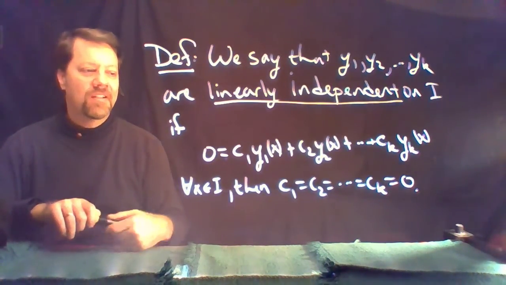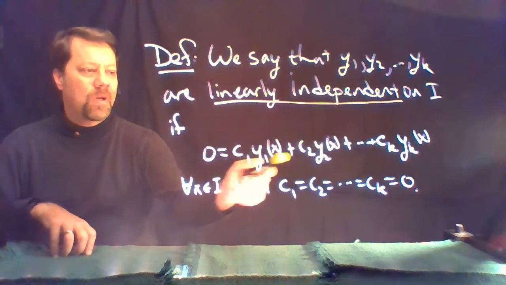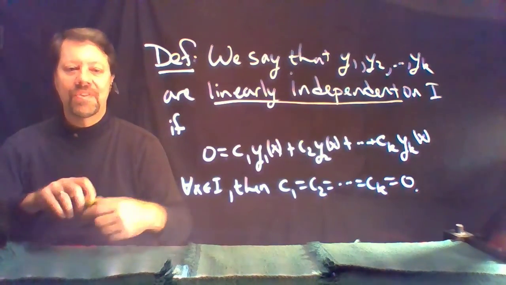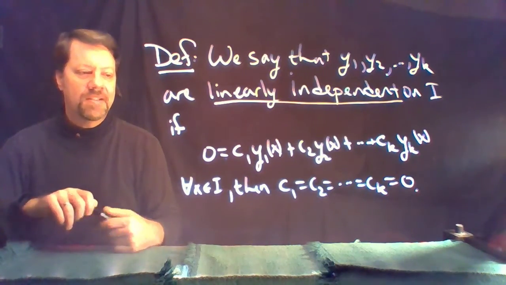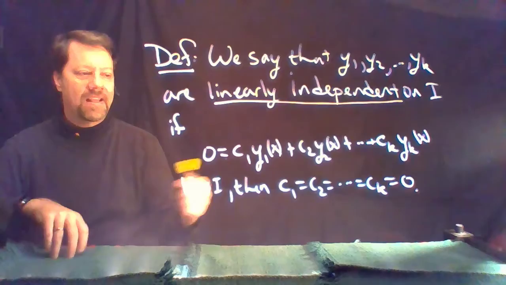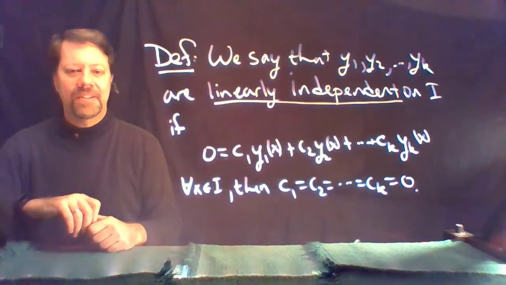I should mention that if C1, C2, and CK are all 0, that trivially gives you a linear combination that gives 0. We call that the trivial combination.